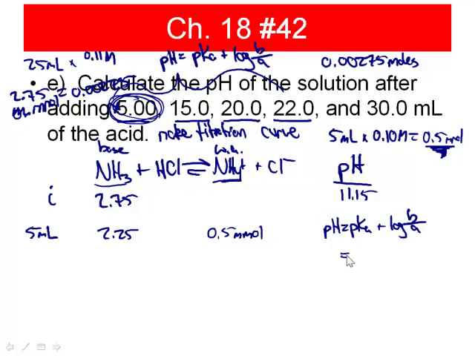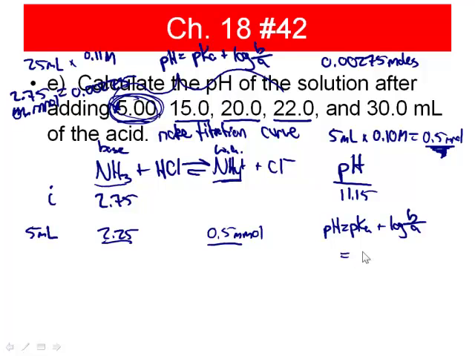Let's just calculate the pKa really quick. That would be negative log of 5.6 times 10 to the minus 10th power. That is 9.25. Okay, 9.25 plus the log of the ratio of the base, which is 2.25, divided by the acid, which is 0.5.